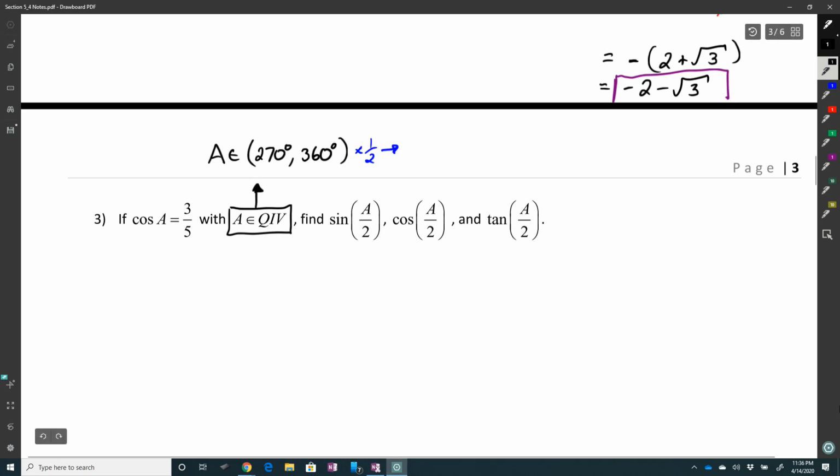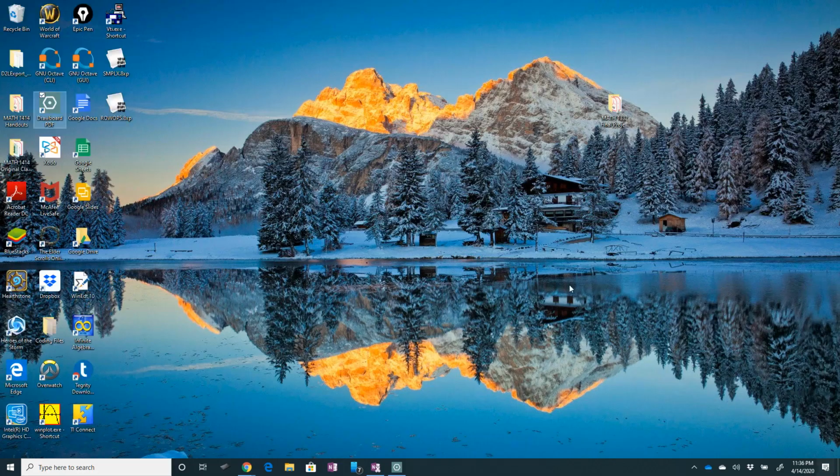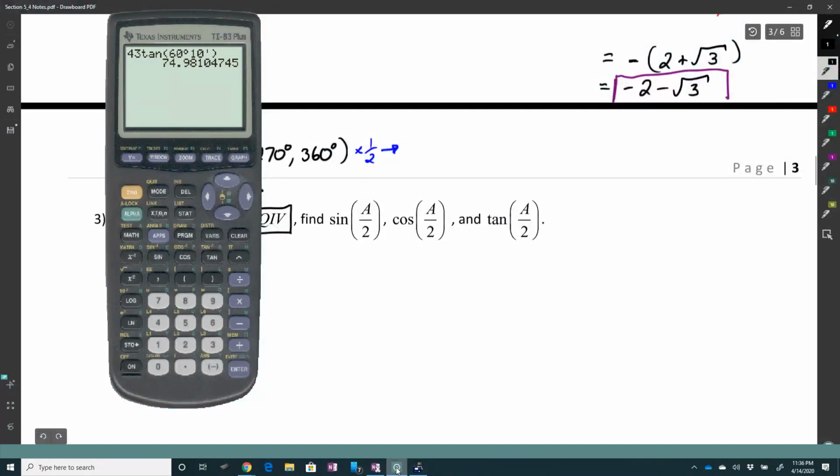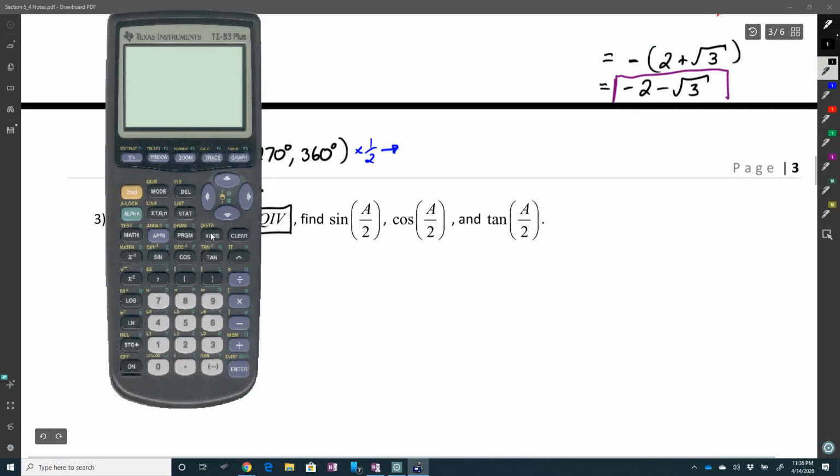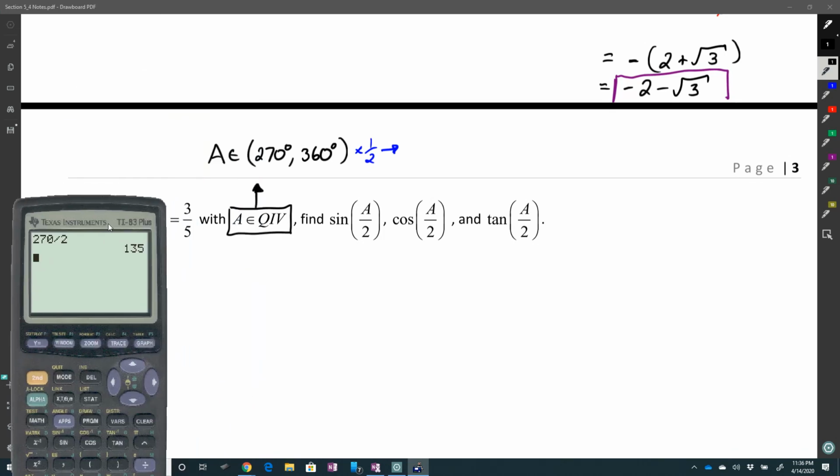270 times half. Let me go ahead and get the calculator because I left my calculator in the other room. Okay, and my brain is just completely off right now. 270 over 2 is 135. So that means that A over 2 is going to be from 135, and half of 360 is 180.